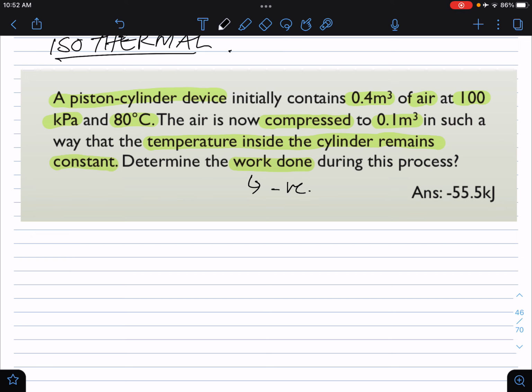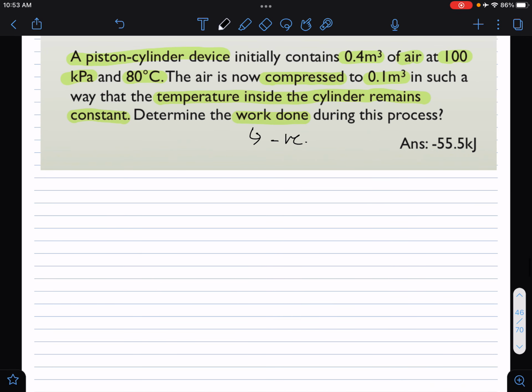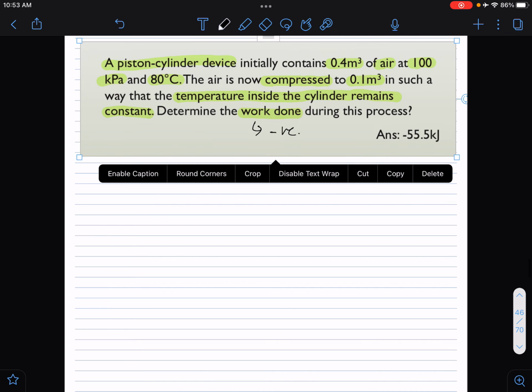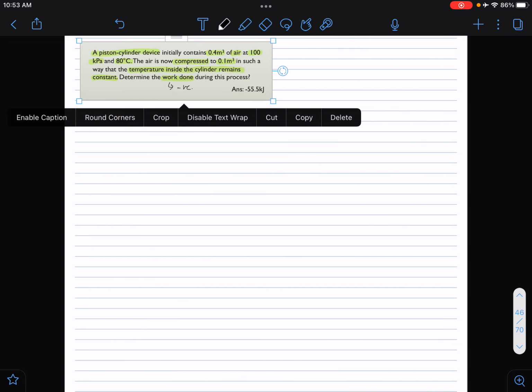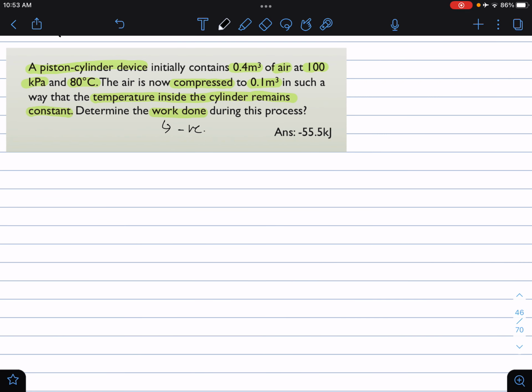Now we need to identify the system, states and process as usual. I think I will make this smaller. Now I write here the system. This is air inside a piston cylinder device.